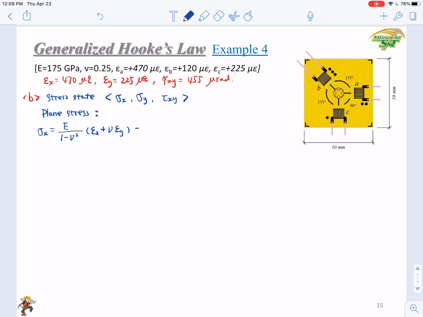Right, so here you will have 175, the E, gigapascal, to megapascal. Then over 1 minus Poisson ratio 0.25.